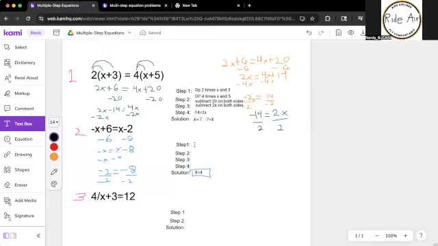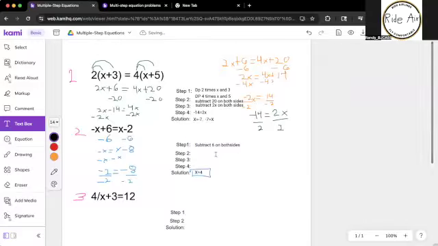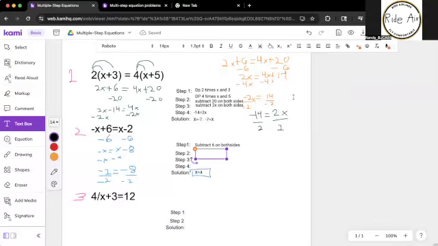For question number 1 on number 2, my step is to subtract 6 on both sides. Step number 2 is subtract negative x. Subtract x on both sides.